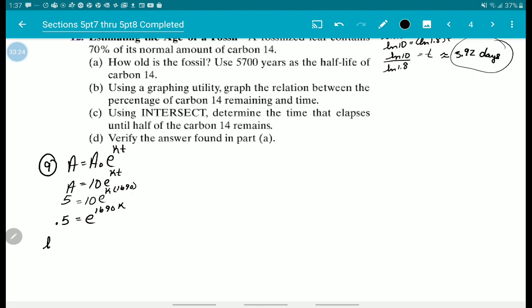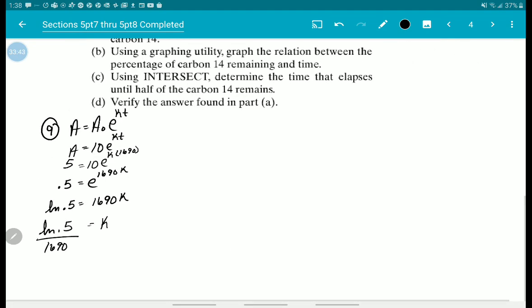We can take the ln of both sides. The ln of e to the 1690k is just going to be that exponent. And then we're going to divide both sides by that 1690. So here's our formula.